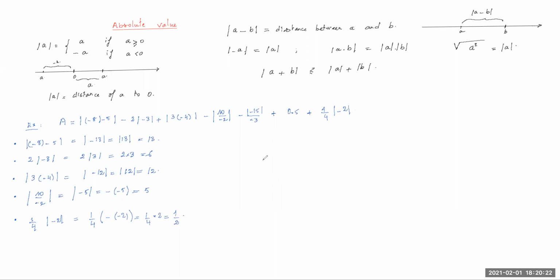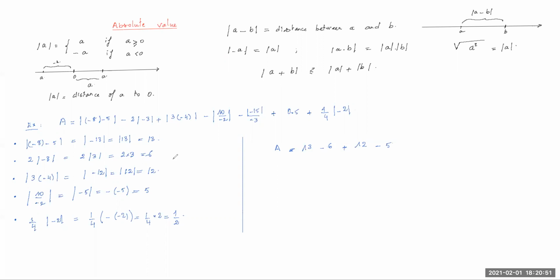Now we can add all these quantities. Let's come back to our expression A. A is now 13 minus 2 times 3, which is 6, plus 12 minus the absolute value of 10 over minus 2, which is 5.